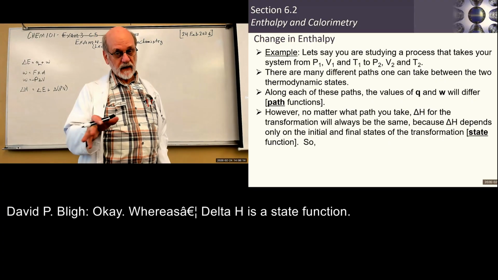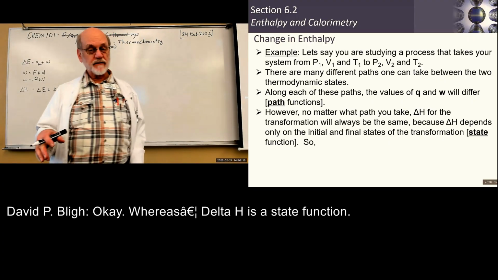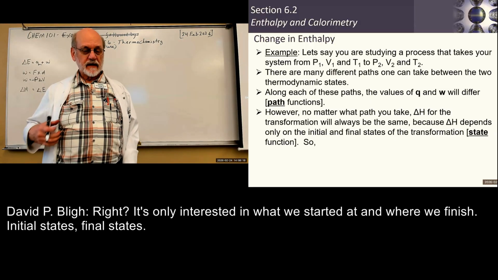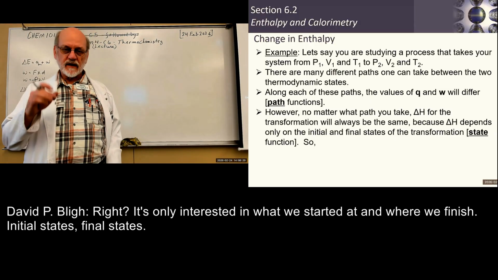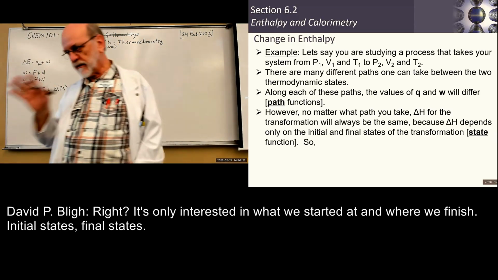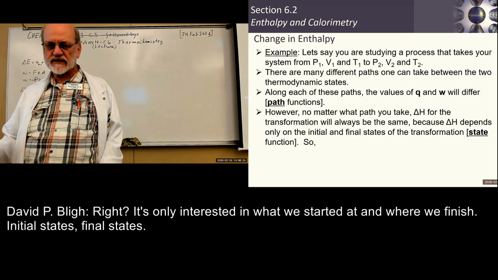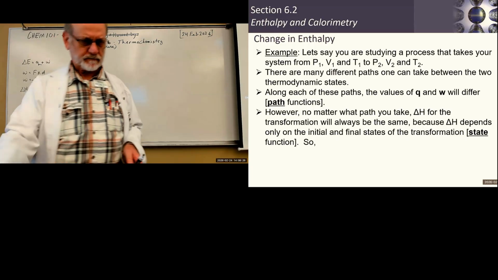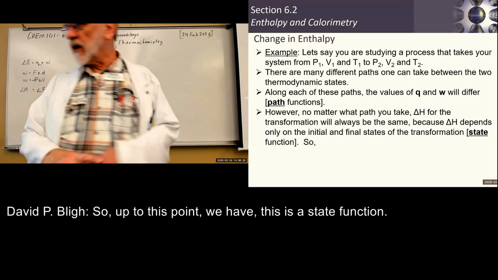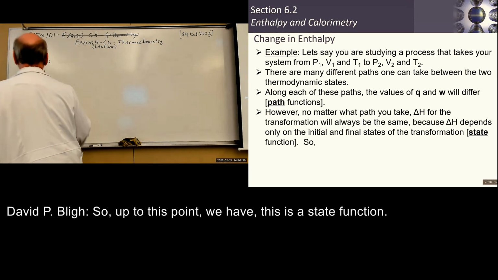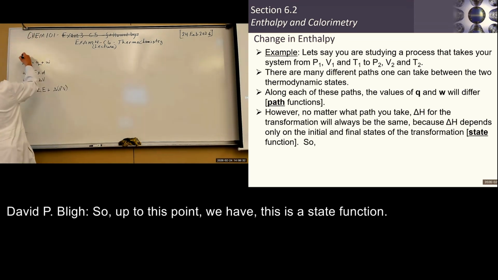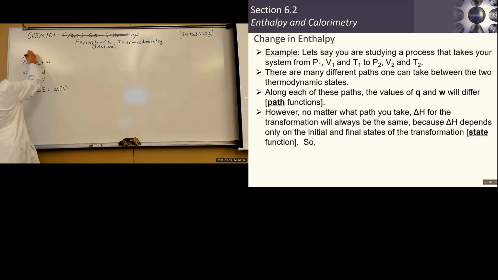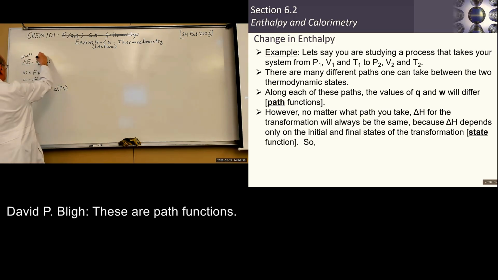Whereas delta H is a state function, right? It's only interested in where we started and where we finish: initial states, final states. So up to this point, we have this is a state function. These are path functions.